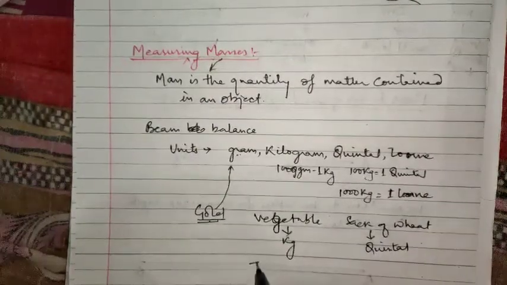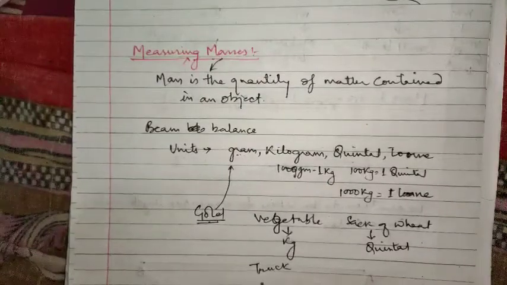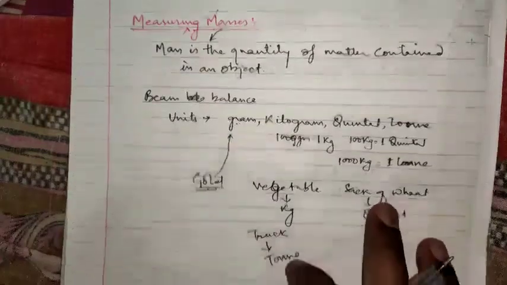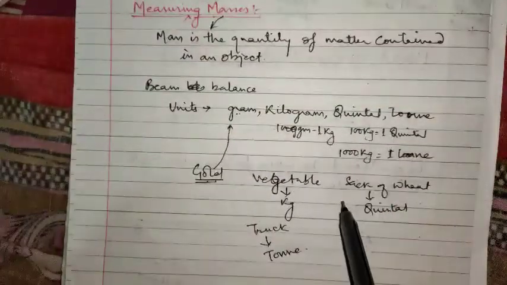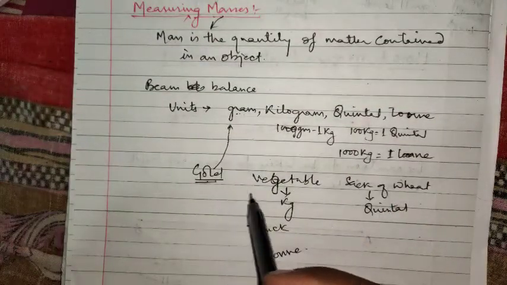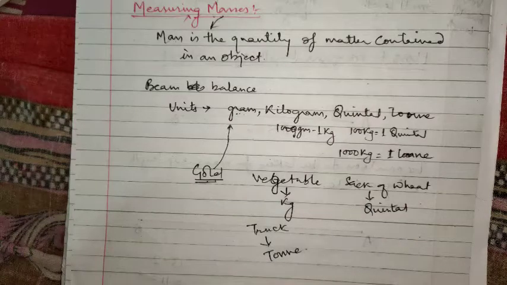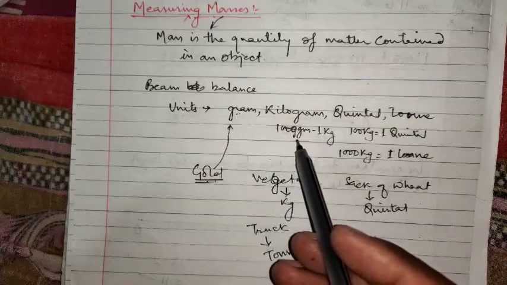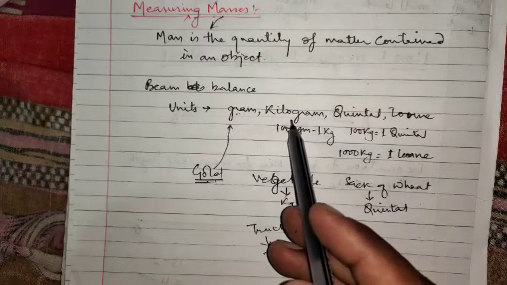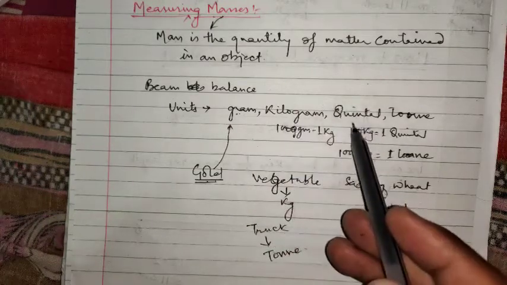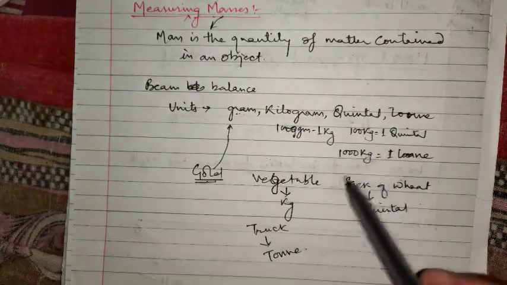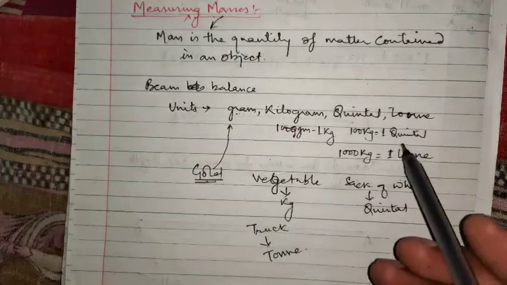If we want to measure the mass of a truck, it will be measured in ton. So these are the units used for measuring objects according to our convenience. If the object is light, we will use gram. If the object is a little bit heavier, we will use kilogram. If the object is heavier than a kilogram, it means big, we will measure in quintal. If the object is more than a quintal, we will measure in ton.